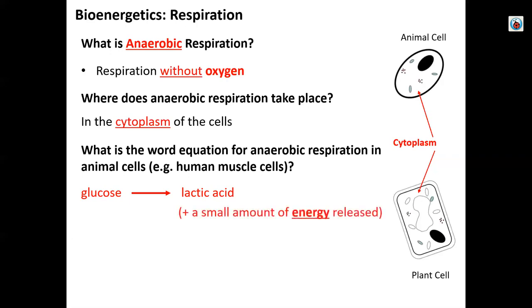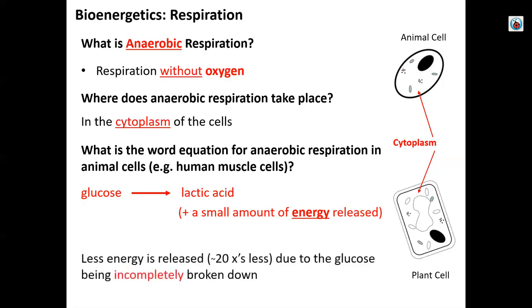In fact, 20 times less energy is released from anaerobic respiration than from aerobic respiration, and the reason for that is because the glucose is not completely broken down. So that's the word equation for anaerobic respiration in animal cells.